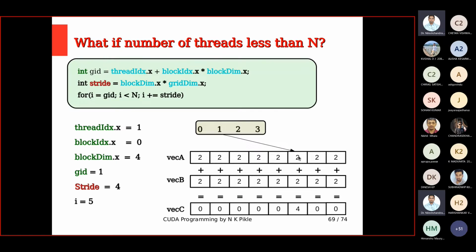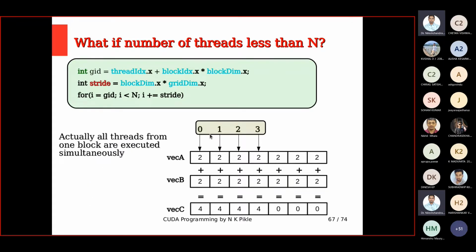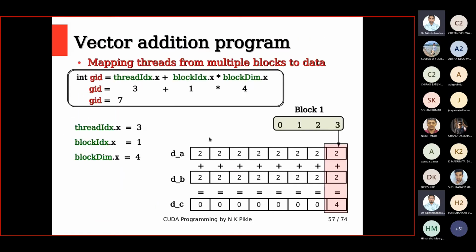Thread 1 will perform on this element, 2 on this, and 3 on this element. Meaning we have a limited number of threads and the data size is more. In that case, we have to allocate more work per thread.